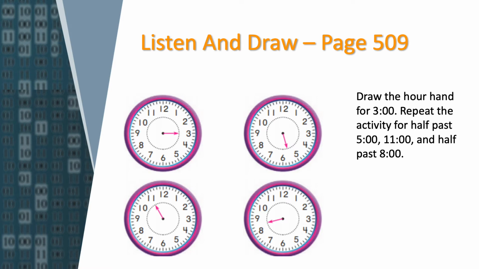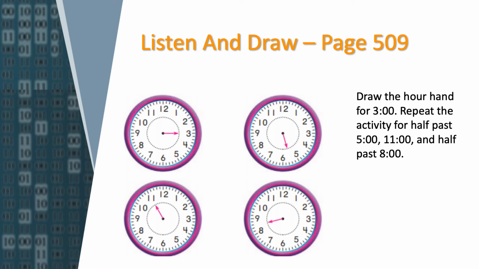Now I want you to take notice of the fact that it is not exactly on 5. It is between 5 and 6 because the time is 5:30. Then 11. So the moment you say it's 11 o'clock, you will put it exactly on the number 11, the shorthand or the hour hand, and 8:30. Again, 8:30.